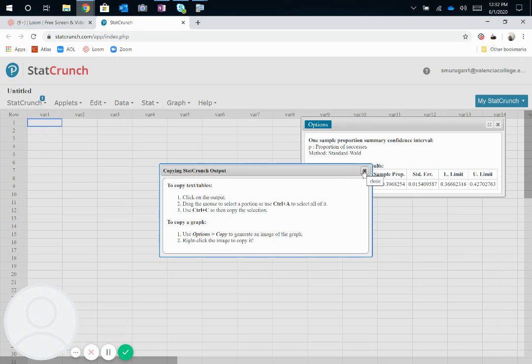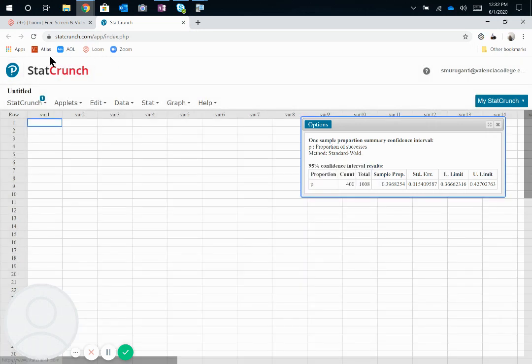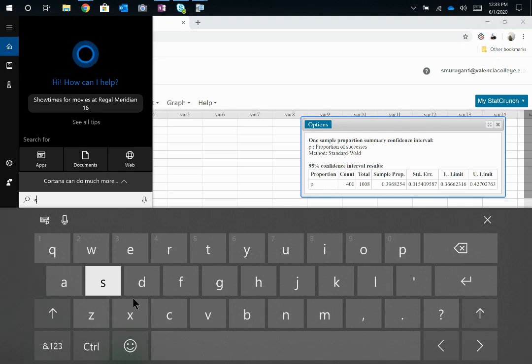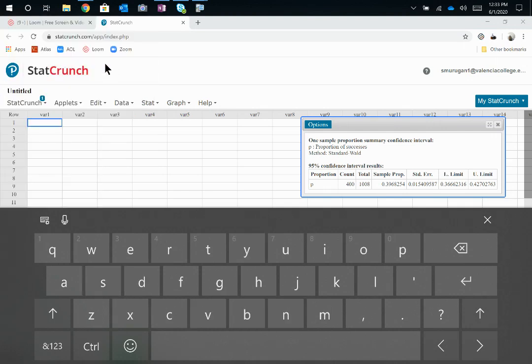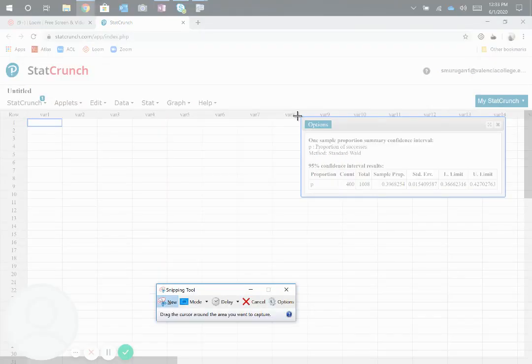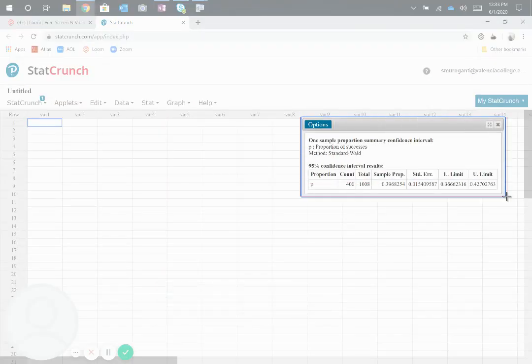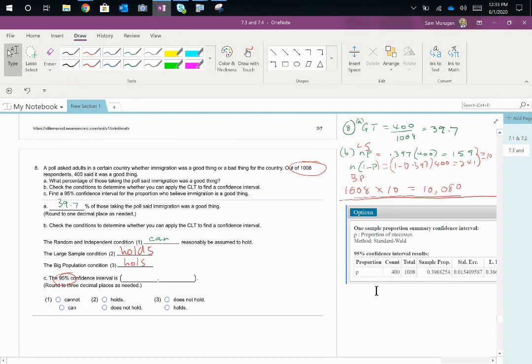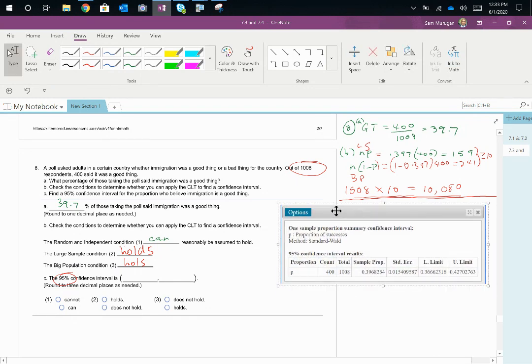Click on output, drag the mouse to select. All right, I'm going to just use the snipping tool here. Where is it? Okay, we can use that snipping tool to get what we want here. Okay, and I'm going to copy this over to the notes. So this is a little out of whack here. All right, here we go.